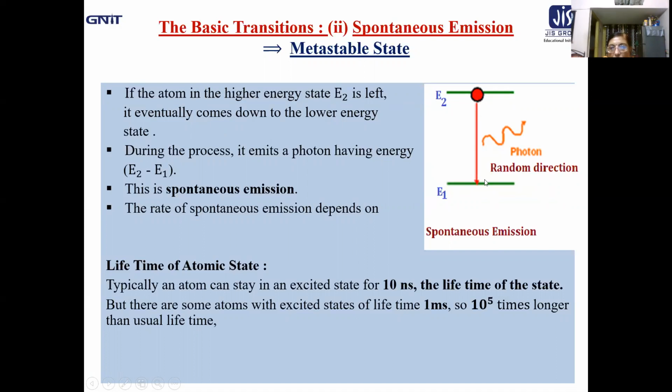After some time, it will automatically come down to the lower energy state, and during the process, when it comes down from E2 to E1, it emits a photon with energy E2 minus E1. This is called spontaneous emission, because no external agent is present here to make this emission process possible.